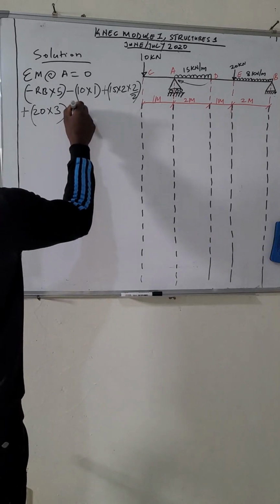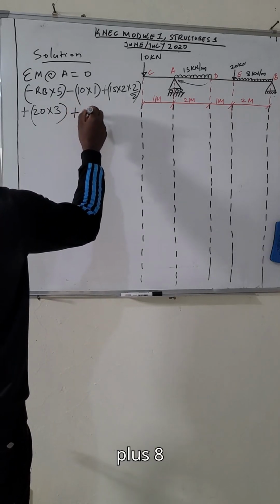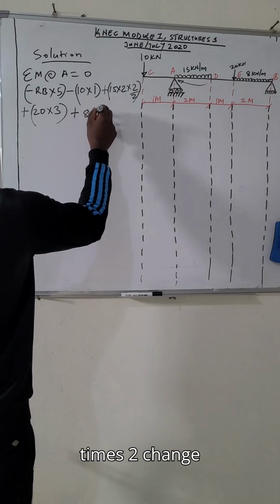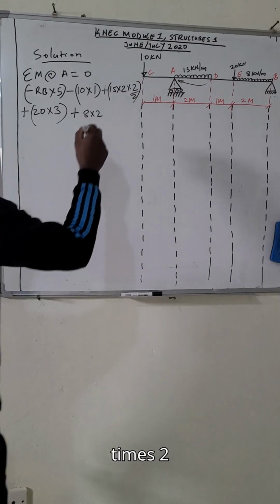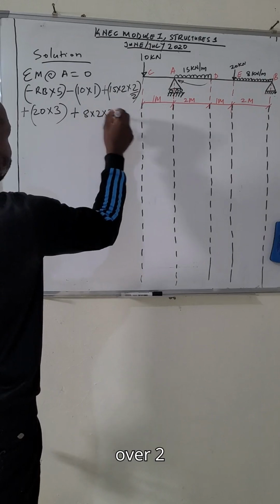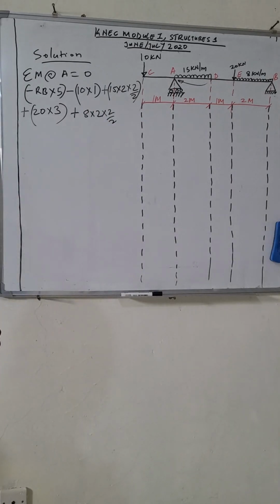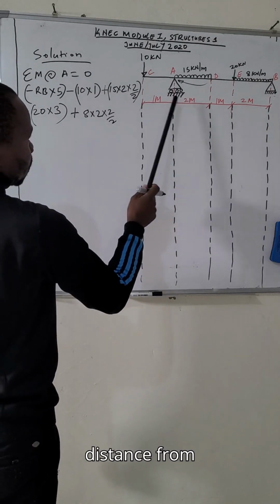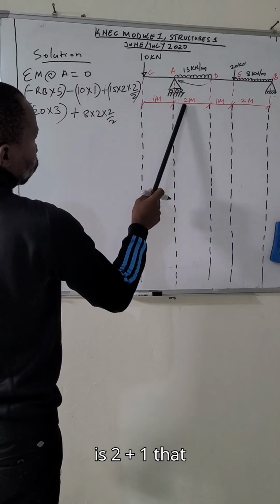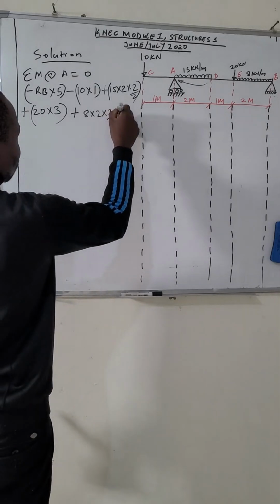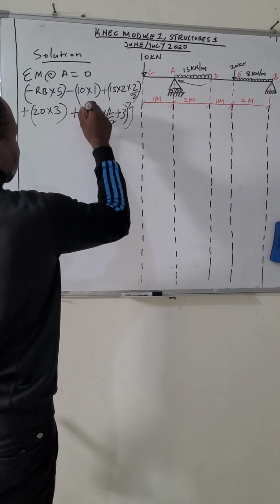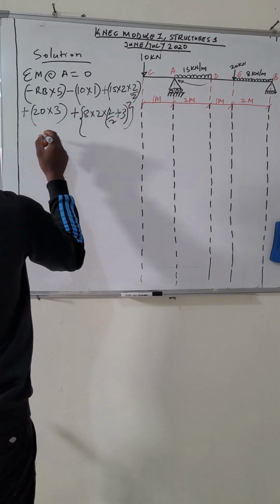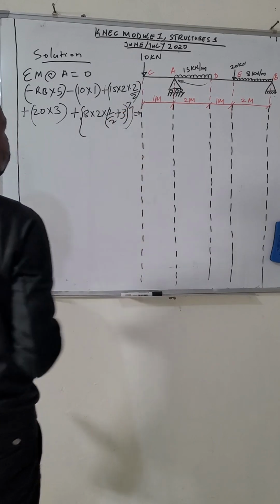So plus 8 times 2, change first to point load, and then times 2 over 2, the bending moment acts at the center of that beam, then add the remaining distance from A to here, that is 2 plus 1, that is 3, plus 3. Is there any other force? No, should give you 0.